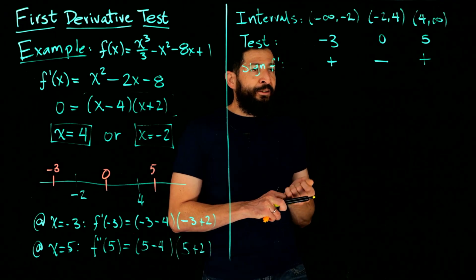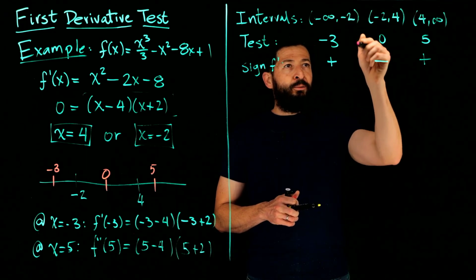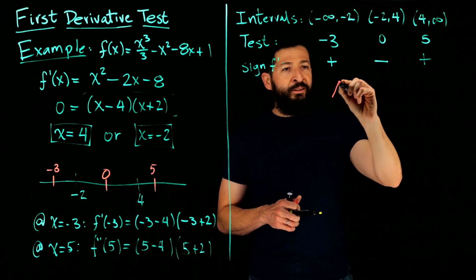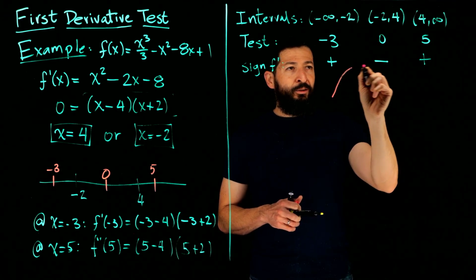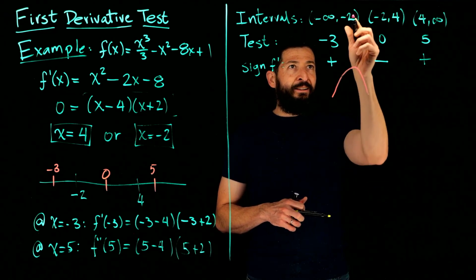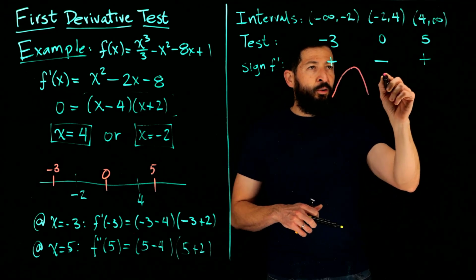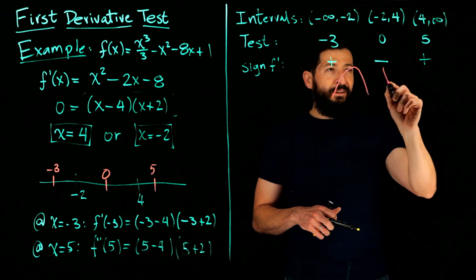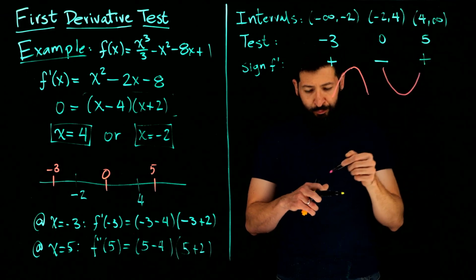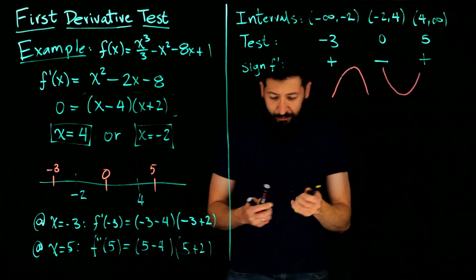So what happens here at the critical number x equals to negative 2, you're going positive, so increasing, to negative, so decreasing. You have a relative max here at x equals to negative 2. Here you're going to be going from decreasing to increasing. You're going to have a relative min at x equals to 4. So let's write our conclusion.